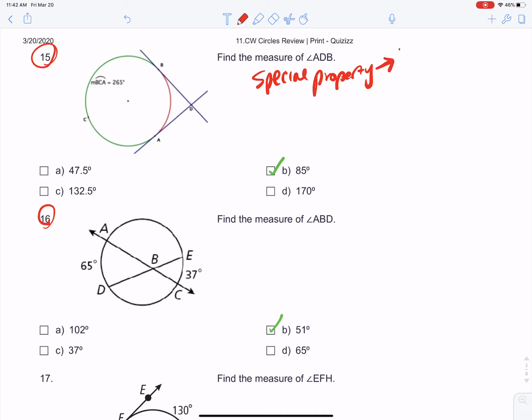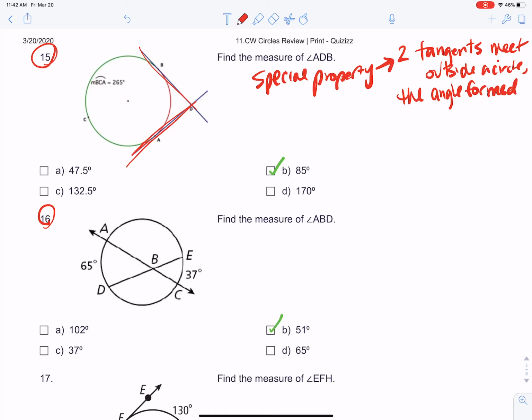When you have two tangents, both of these lines are tangents, and they meet outside a circle, the angle formed, in this case angle BDA here, or ADB as they're asking in the problem, is supplementary to the minor arc it intercepts.